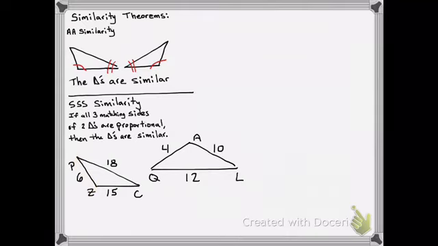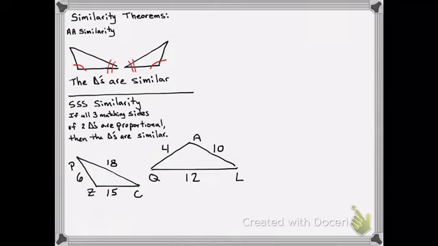You have to make sure that you're looking at any and all different combinations, because side PZ, that side could match up to QL, or it could match up to AL, or it could match up to QA. How do we know? We don't. We have to test them out and play around and see what if these two are the same, if these two are the same, if these two are the same.